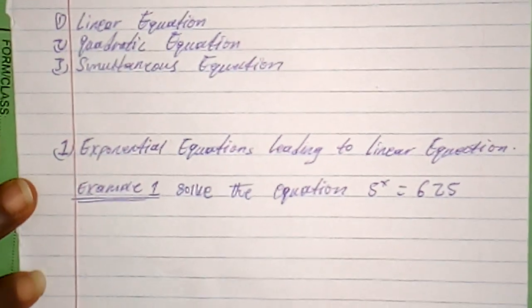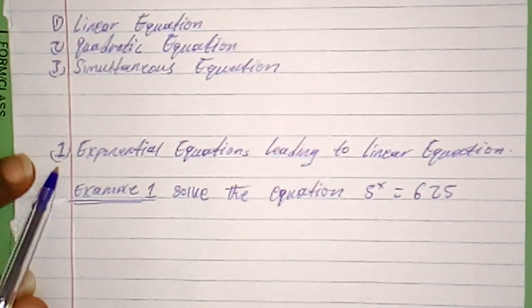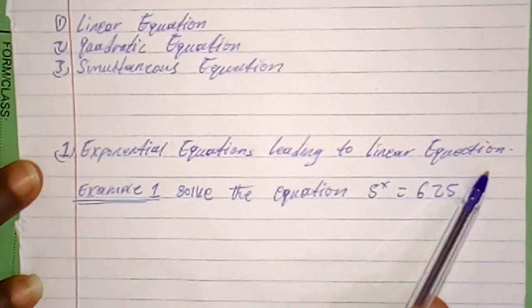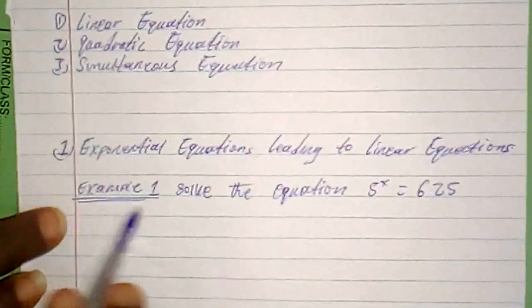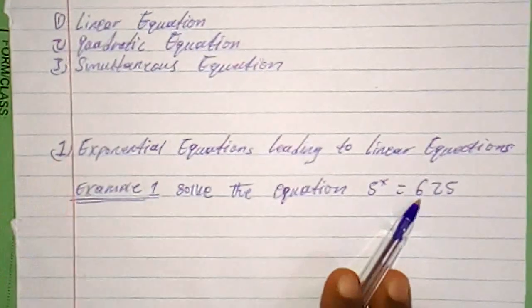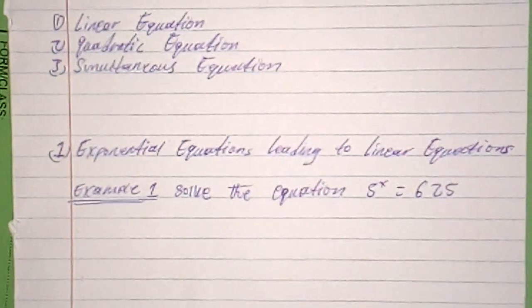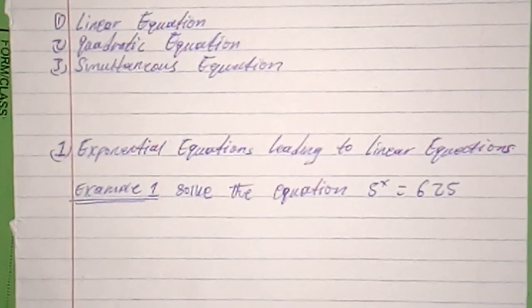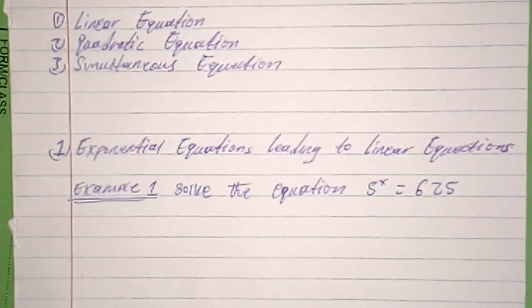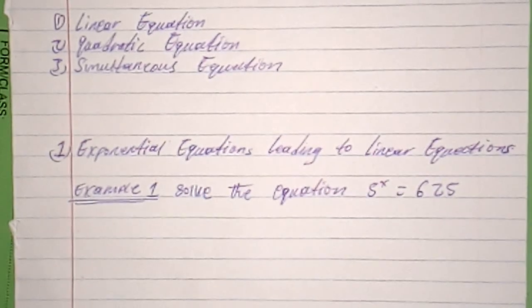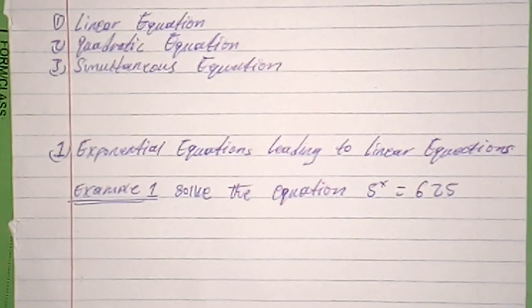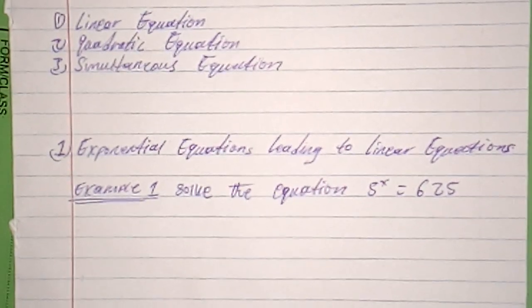Now let's solve examples of exponential equations leading to linear equations. Example 1, solve the equation. But before we do, let me give you a brief analysis on how to solve an exponential equation. First of all, simplify the bases given into a basic term.